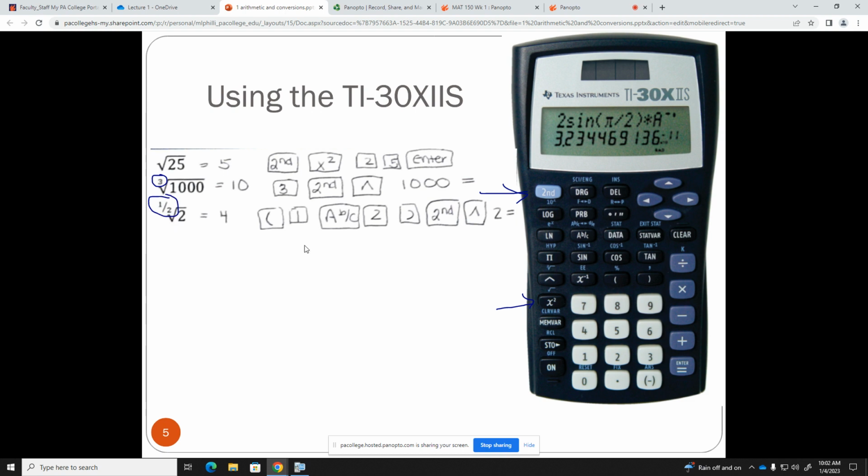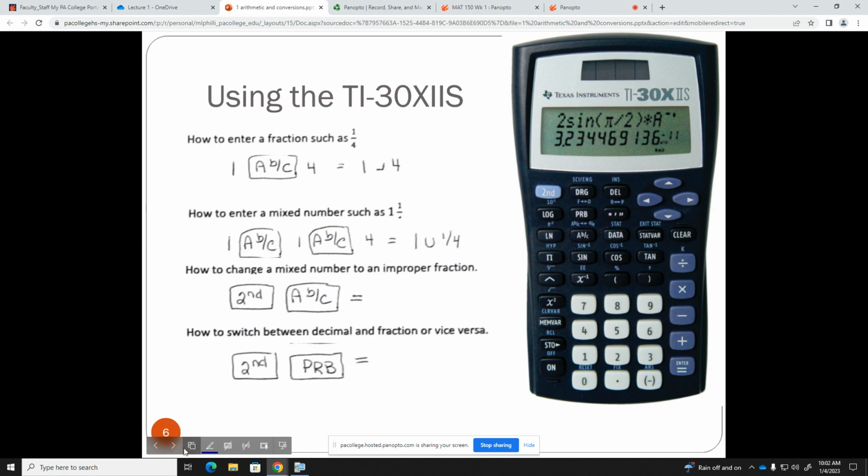To do those, you will start by typing the index. So you see here my keystrokes. I type the 3, and then I use the second and the up arrow key. The second up arrow combination gets us this other root, anything other than square root. Again, the how-to video is linked in the pre-lecture.